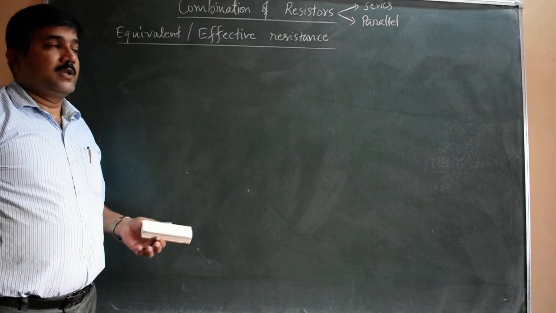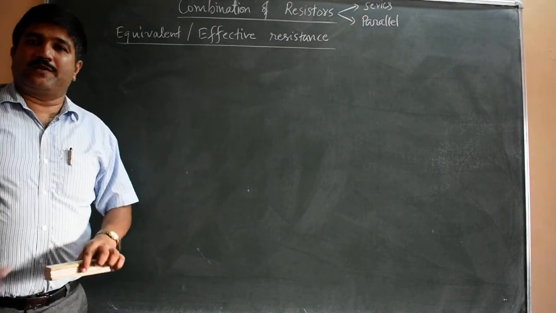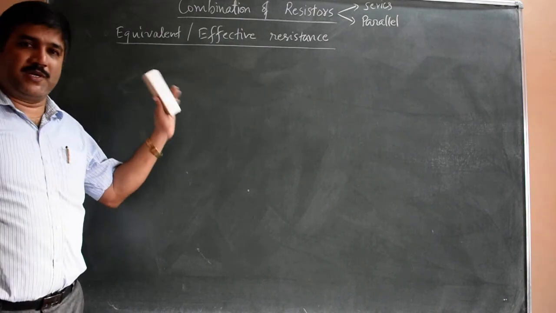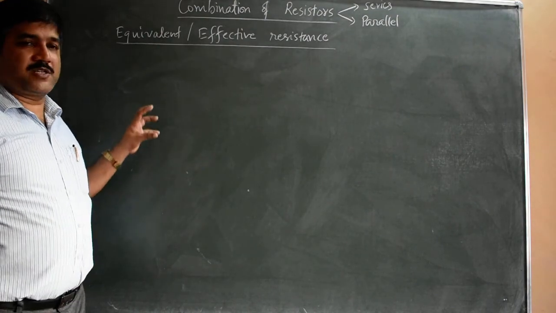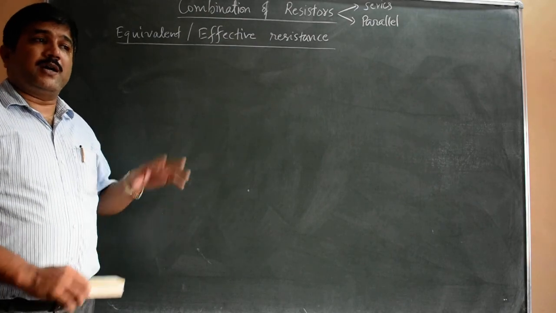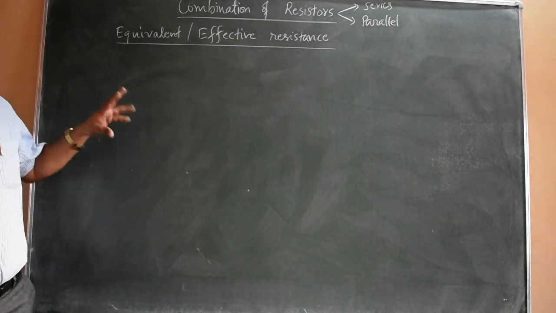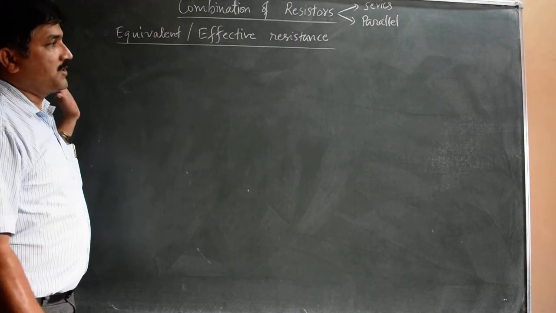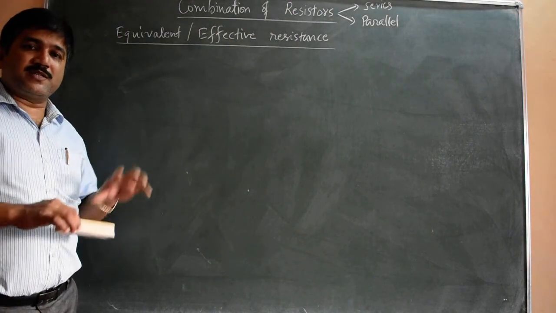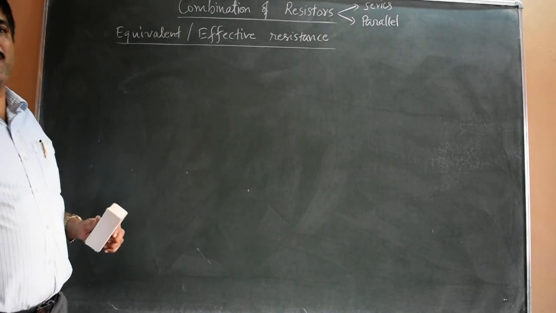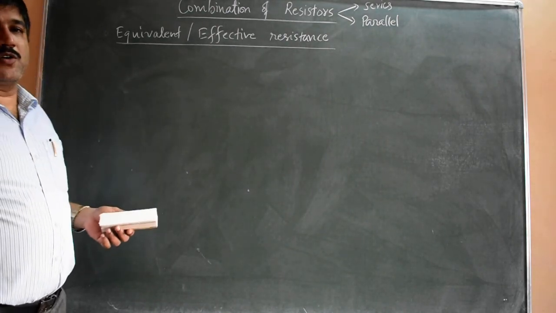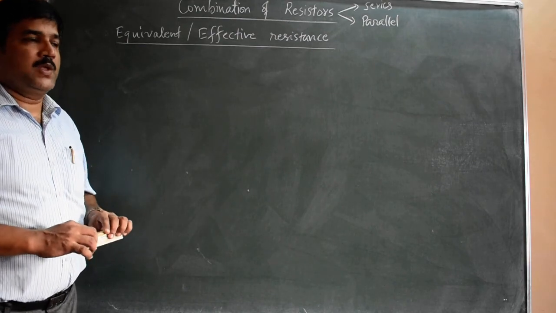When you replace all those resistors with a single resistor of a particular value, that value will produce the same effect as the combination. Such a single resistance is called the effective resistance or equivalent resistance.